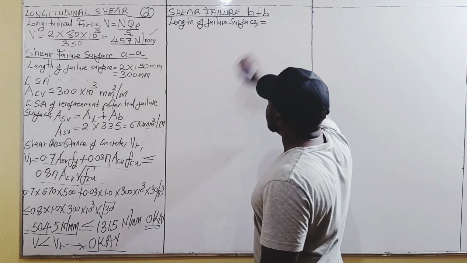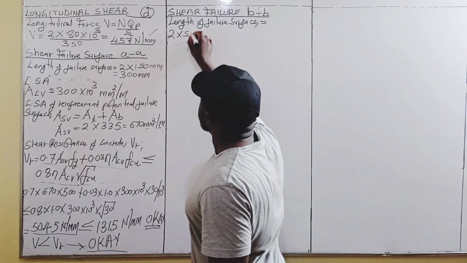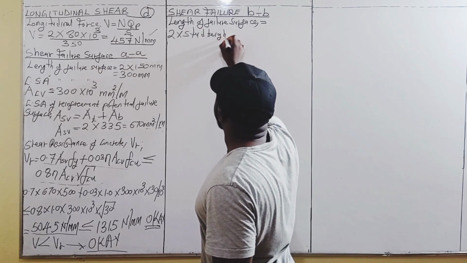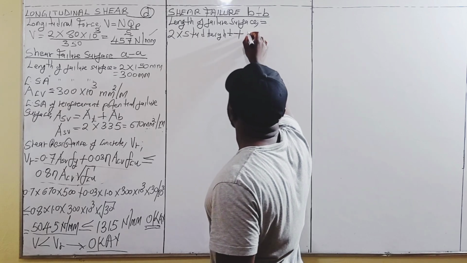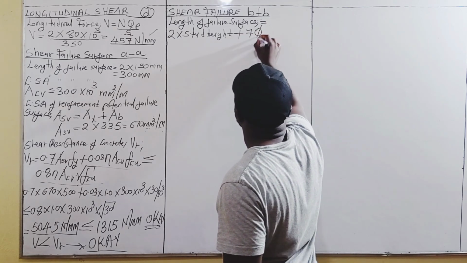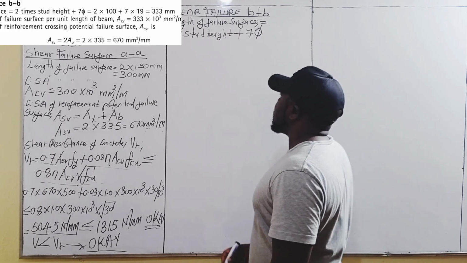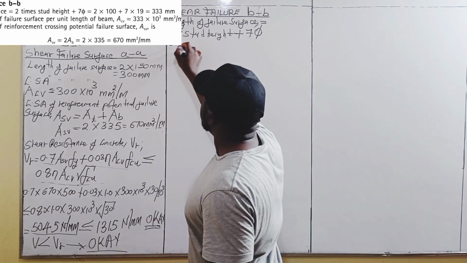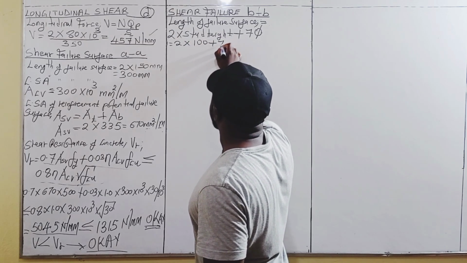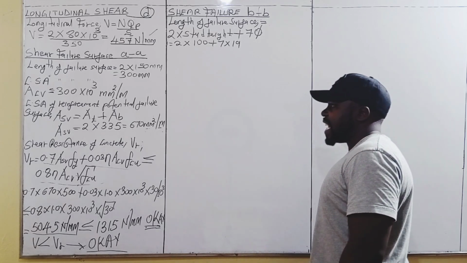will be given by 2 times stud height, plus 7 times shank diameter of the stud. And therefore, this is going to be 2 times stud height, which is 100, plus 7 times the diameter of the stud, 19.